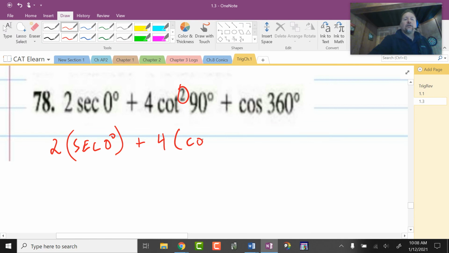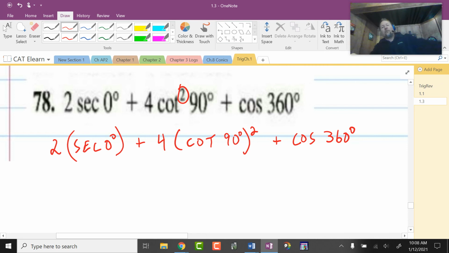This is just cotangent of 90 degrees, and then you square it. That's just a math trig notation thing. It's actually a mathematician being lazy. That's why we have a lot of symbols in math, because mathematicians are lazy and they want to make things short. And that's really a true story. Okay, so this is all that this means.